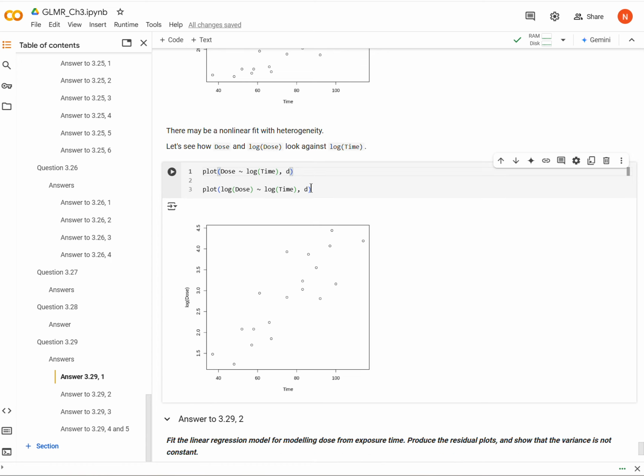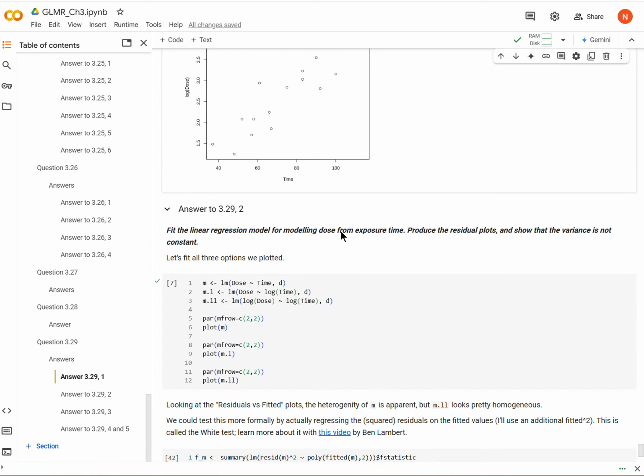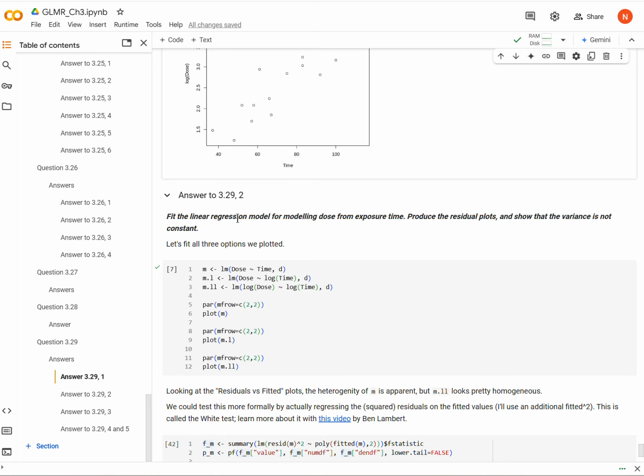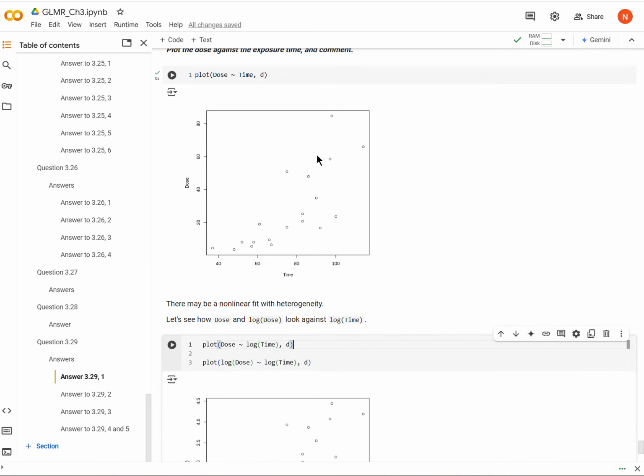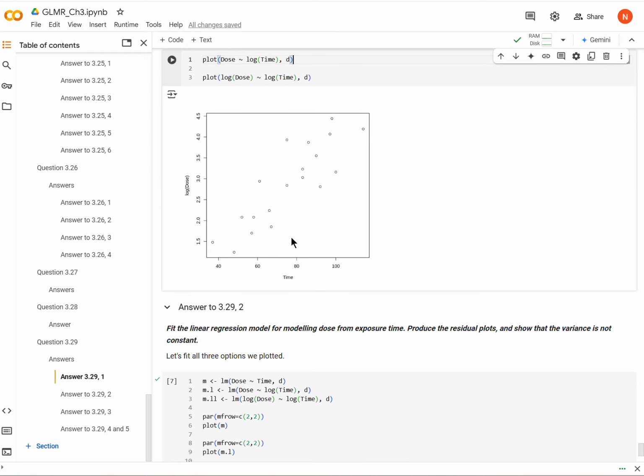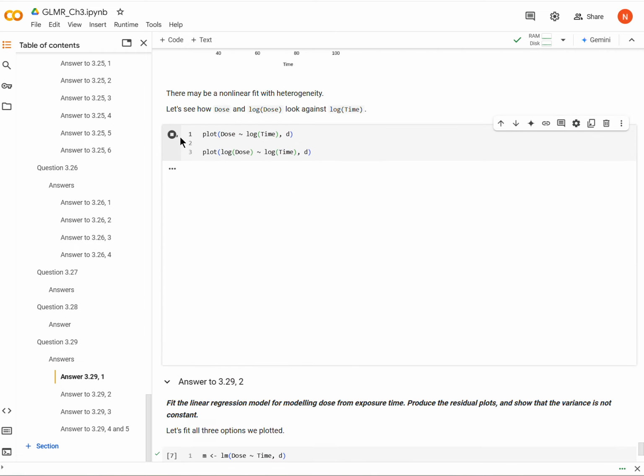But anyway. All right. So now we need to fit a linear regression model of dose on time. Then plot the residuals and show that the variance is not constant. Now I'm actually going to do each of these models that we looked at here. Let me get all of those up.